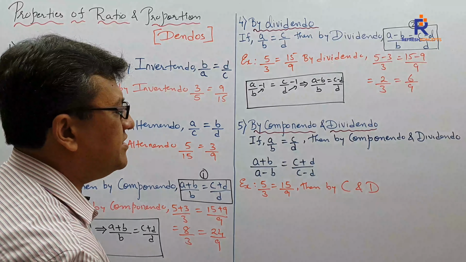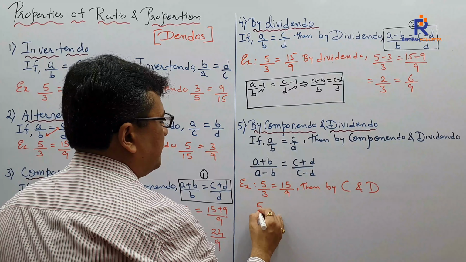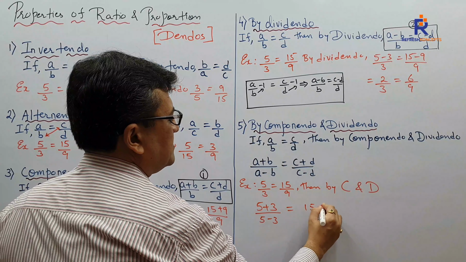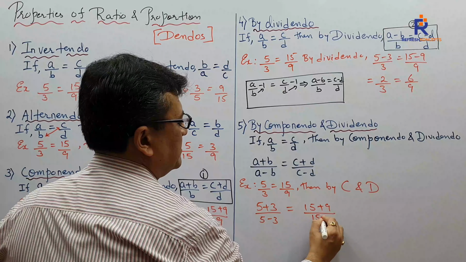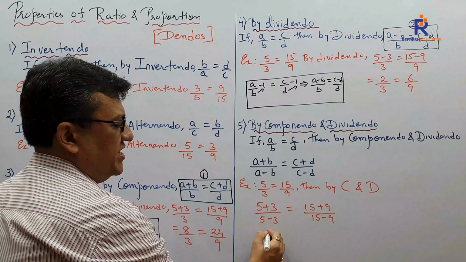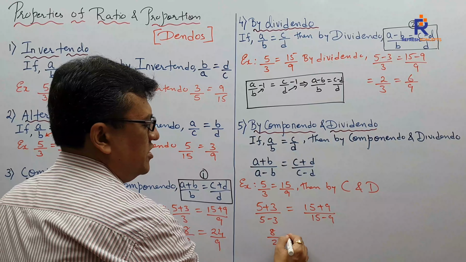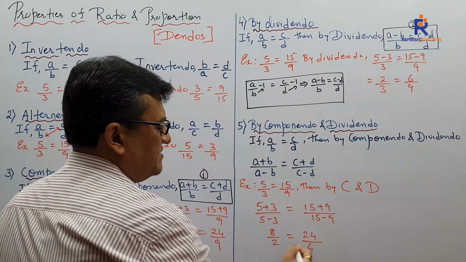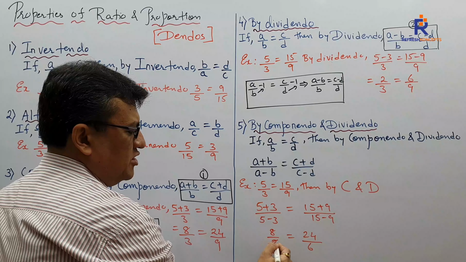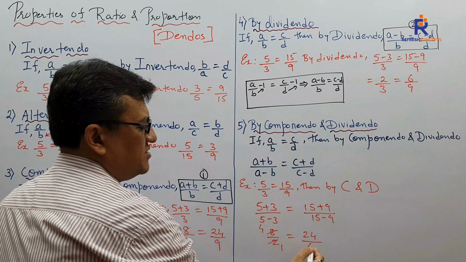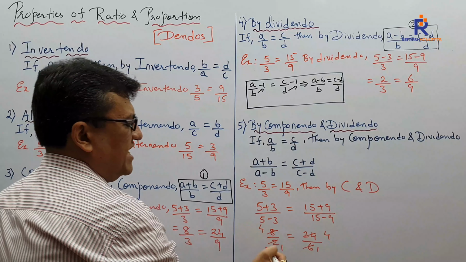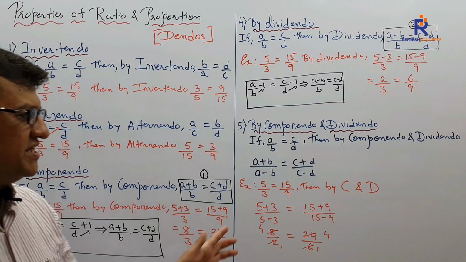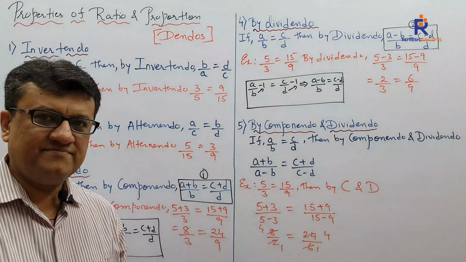What is the outcome? 5 plus 3 upon 5 minus 3 is 15 plus 9 upon 15 minus 9. 5 plus 3 is 8, so 8 by 2. How about here? 15 plus 9 is 24 by 6. 2 1s are 2, 2 4s are 8, 6 1s are 6, 6 4s are 24. Again I have the ratio 4 by 1 on either side after applying C and D.